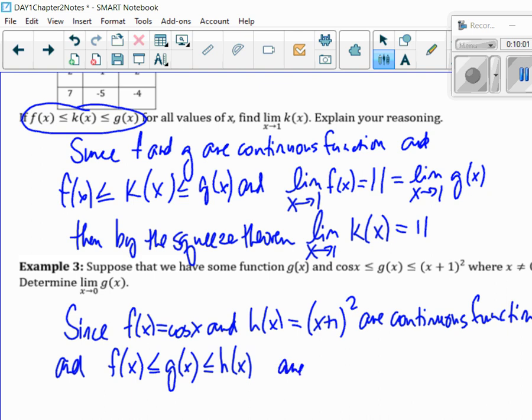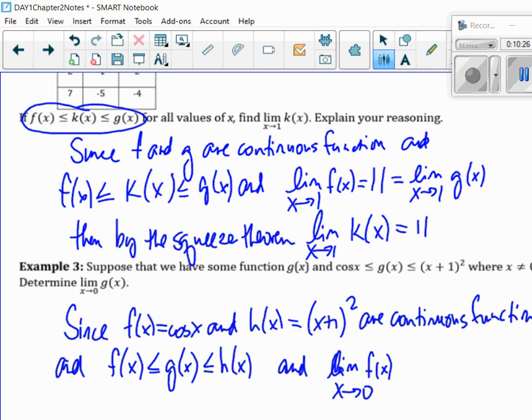The limit as x goes to 0 of f of x, which is the cosine. Oh, sorry, it's not 1, it's 0, right? So the limit as x goes to 0 of f of x. Should I write cos x or f of x? Doesn't matter. So picture the cosine graph.